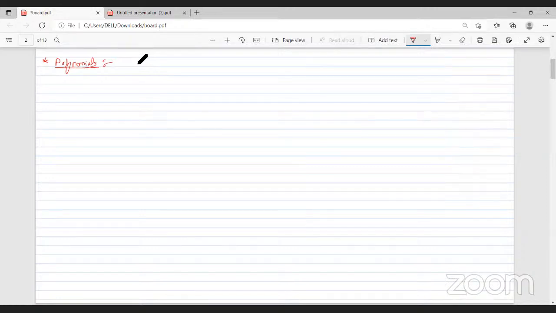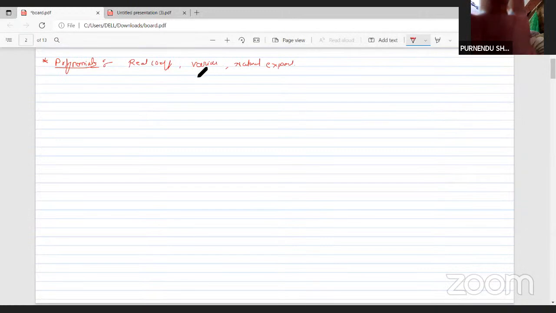An algebraic expression with real coefficients, variables, and natural number exponents. Also the coefficient should not be equal to 0.